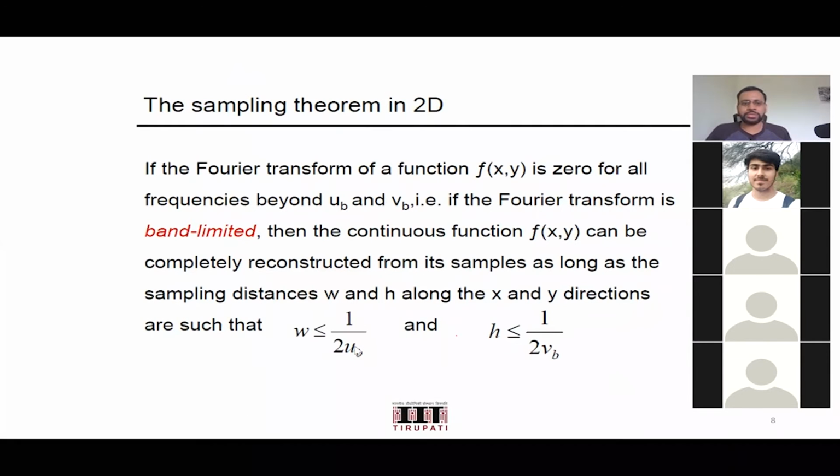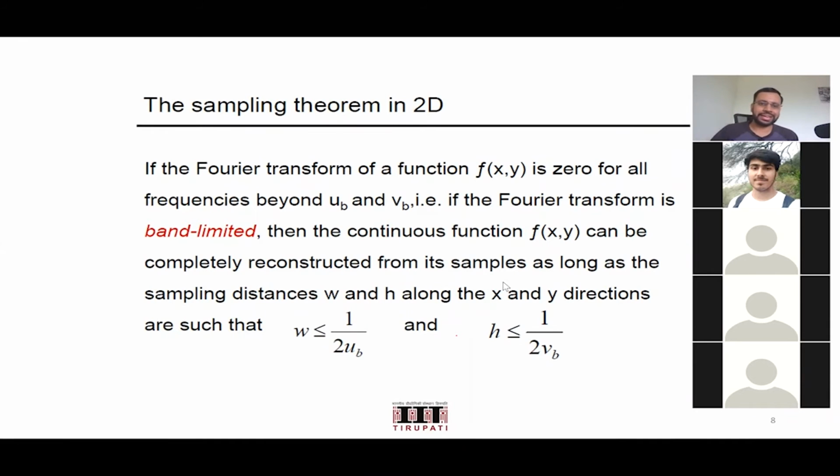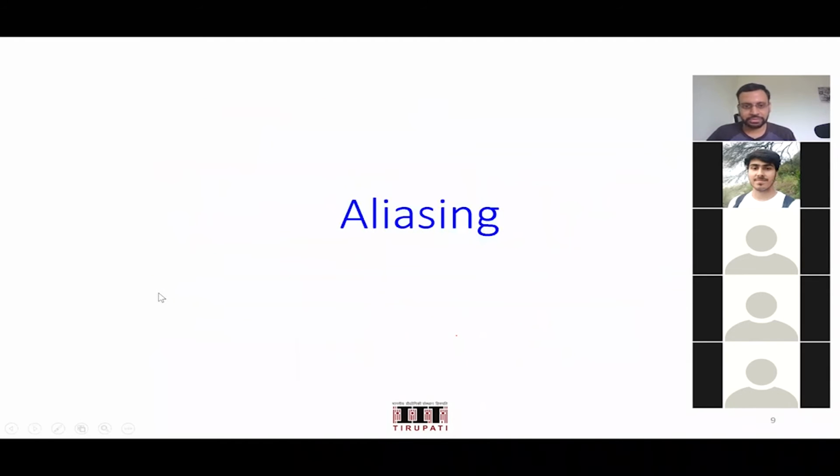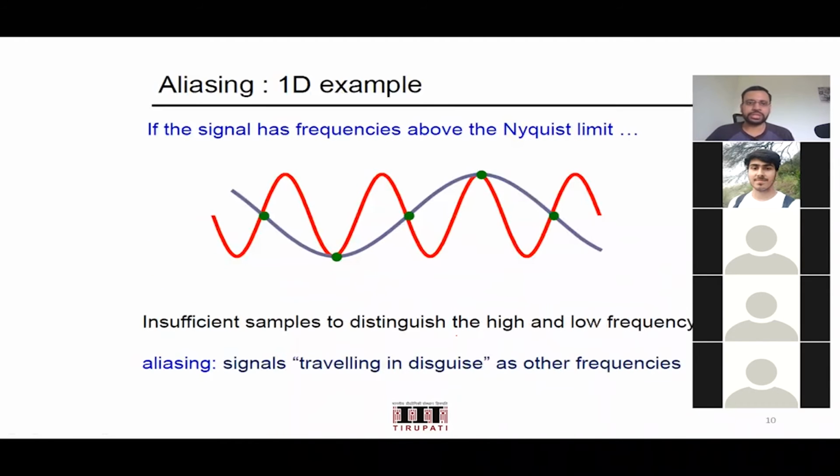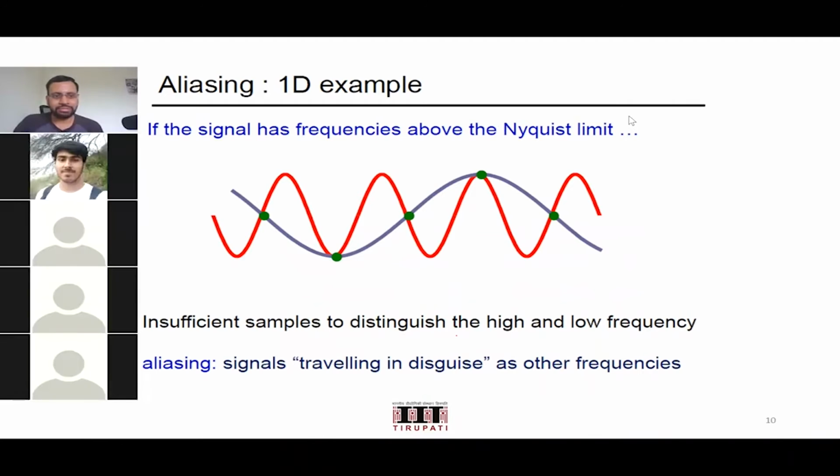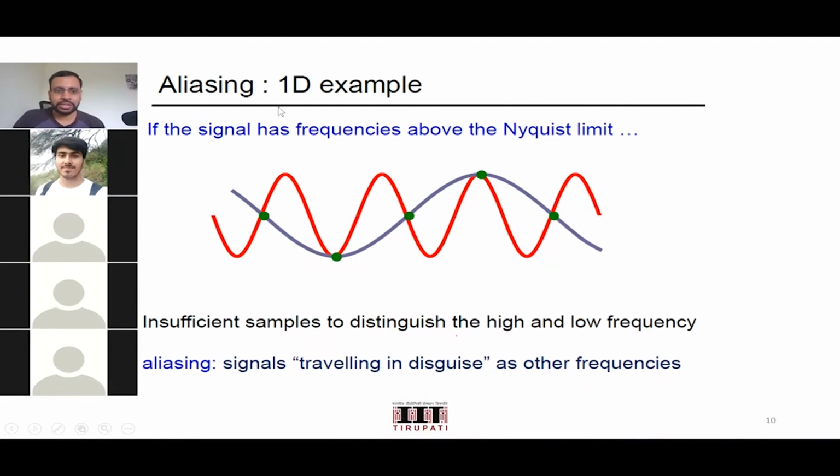Fine. So this is again the same theorem that we have seen for 1D, now for 2D, with slightly different parameter names and conventions. Other than that, it is fine. Now this is another example of what could happen because of aliasing. Those who have done the DSP course have seen a very similar slide earlier.